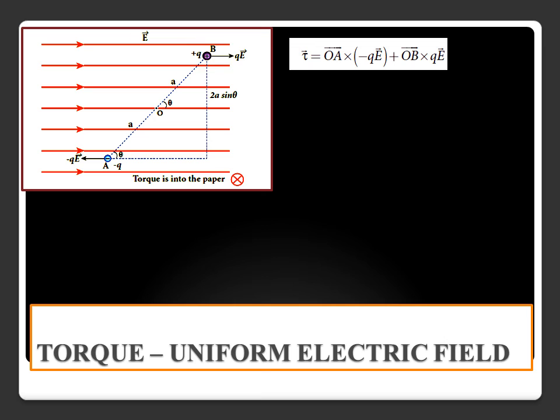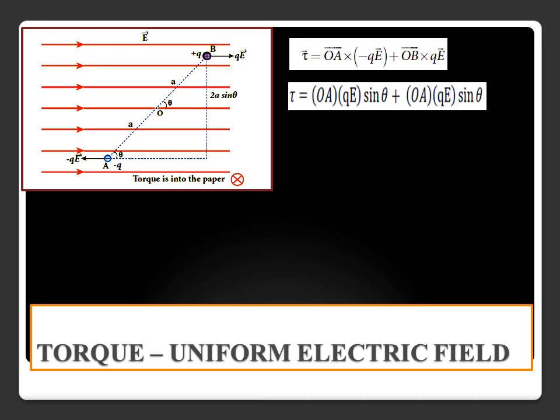If the curvature of the fingers of the right hand represents the sense of rotation of the object, then the thumb held perpendicular to the curvature of the fingers represents the direction of the resultant. That is represented as the cross product. Therefore, tau is equal to OA into qE sin theta plus OA into qE sin theta.